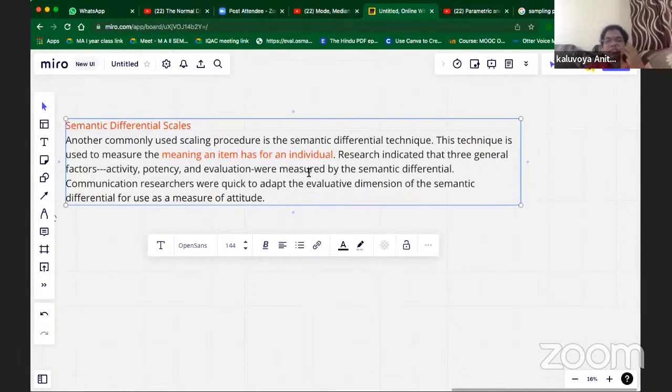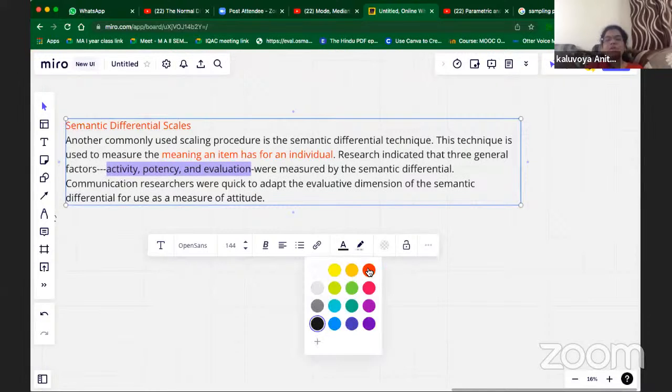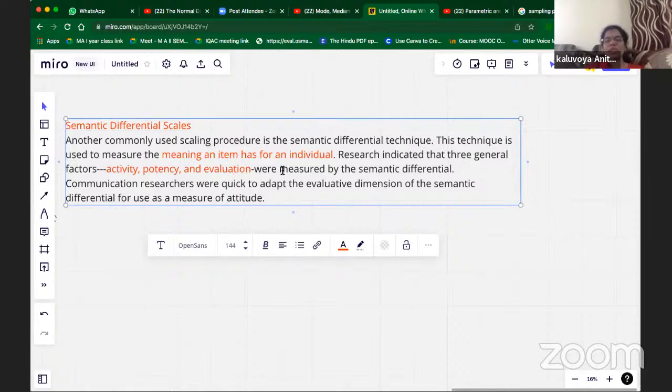Research indicates three general factors, activity, potency, and evaluation, which are measured by the semantic differential. By asking an individual their opinion about certain statements, do they feel that the question is trying to know about the activity or the talent of a person, or are you trying to evaluate the person? These are the three things that you would like to identify with the semantic differential.